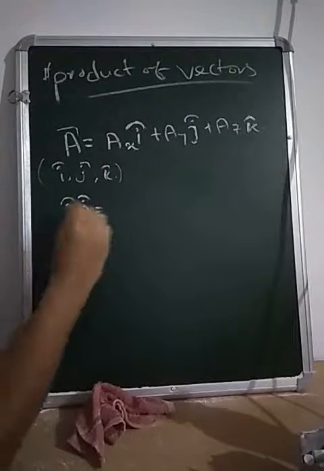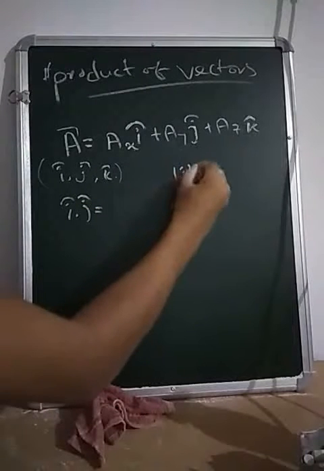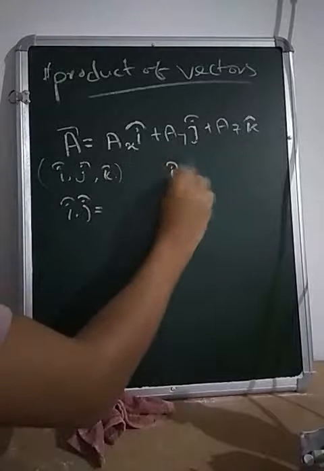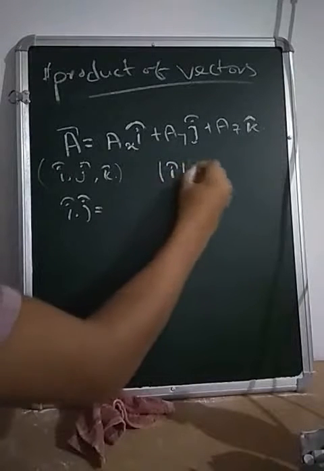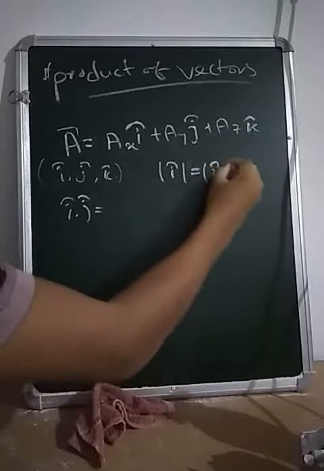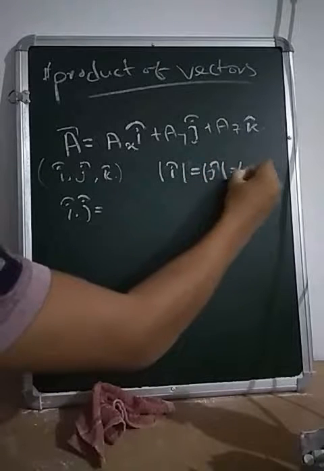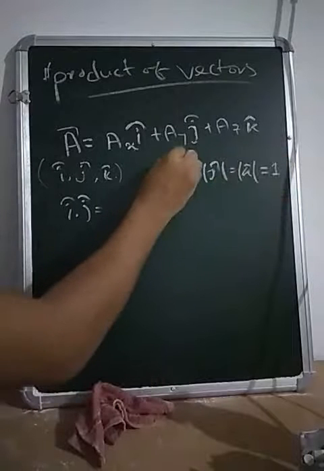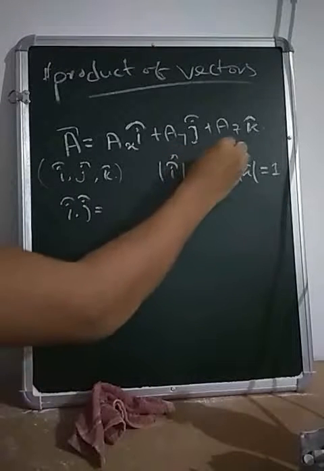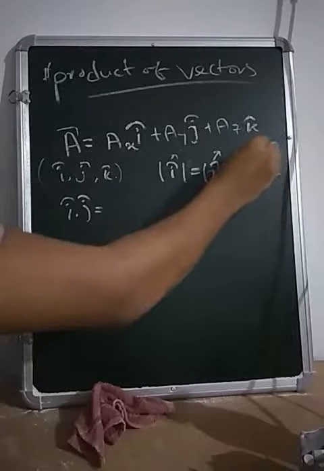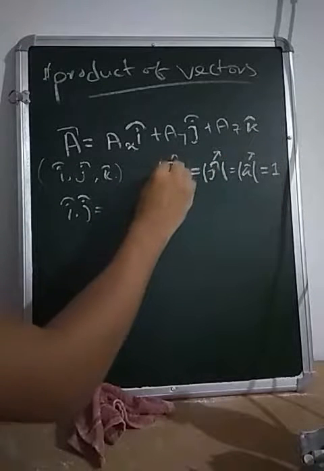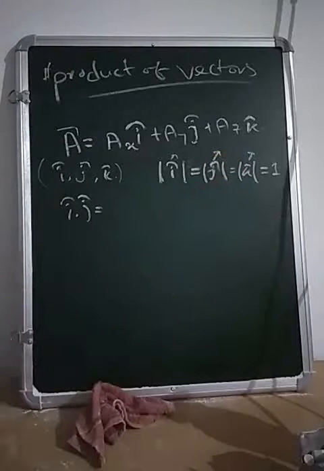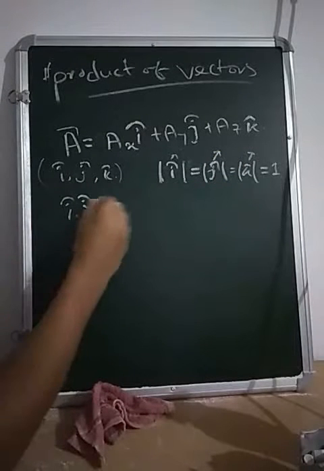These i, j, k are called unit vectors, which means the magnitude of each of them is 1, and the direction of i is along the x axis, j cap is along the y axis, and k cap is along the z axis. So the magnitude of each of them is 1, unity.